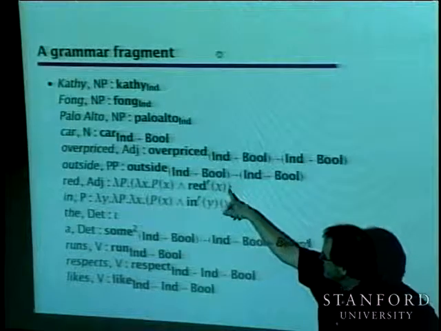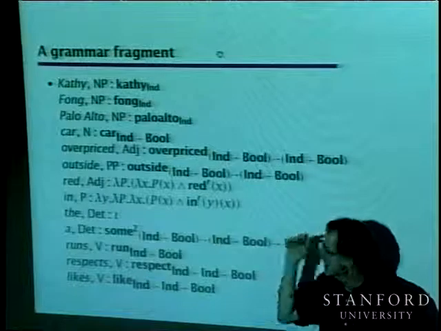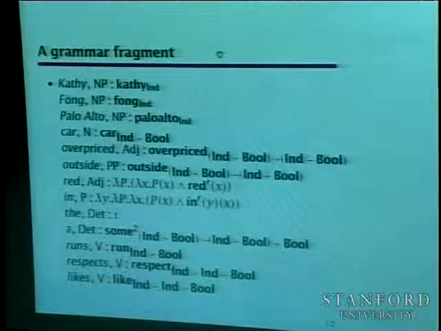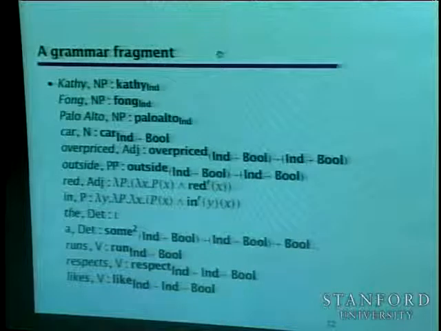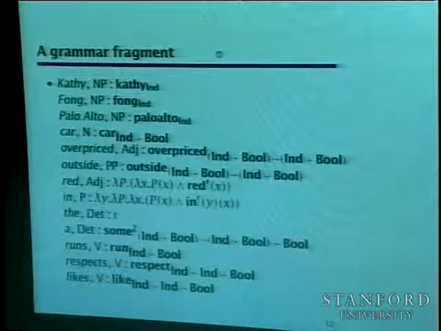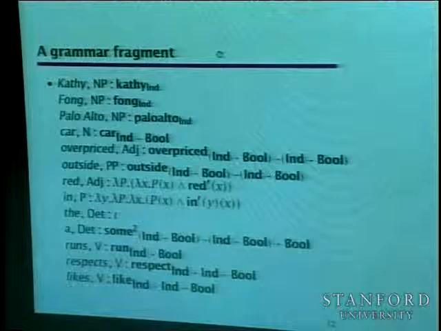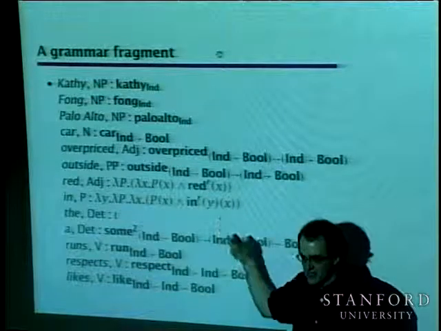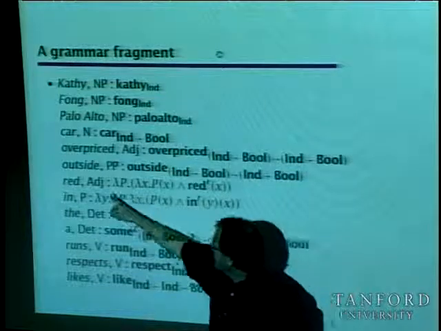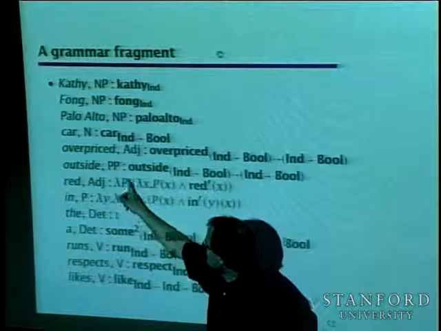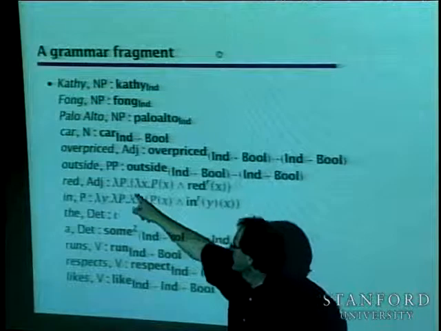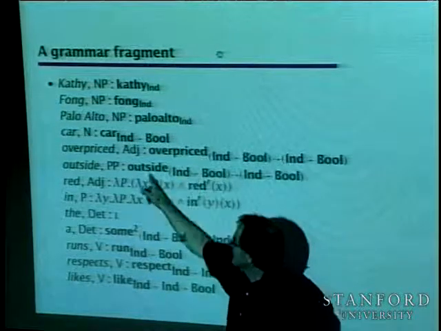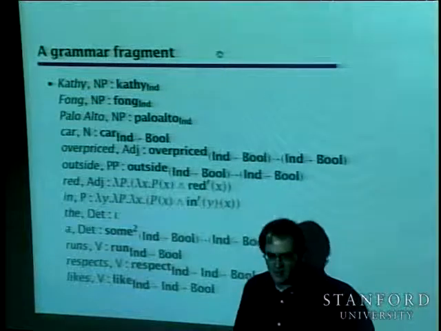Red is a little bit more complex, since what I've represented here as a property is actually red prime. So red prime is the property of things that are red. So the red here is then this red that's of the interbool to interbool type, where what it does is it takes a property P, so this is the higher order part of our lambda calculus, and inside its lexical entry, it does the meaning combination.